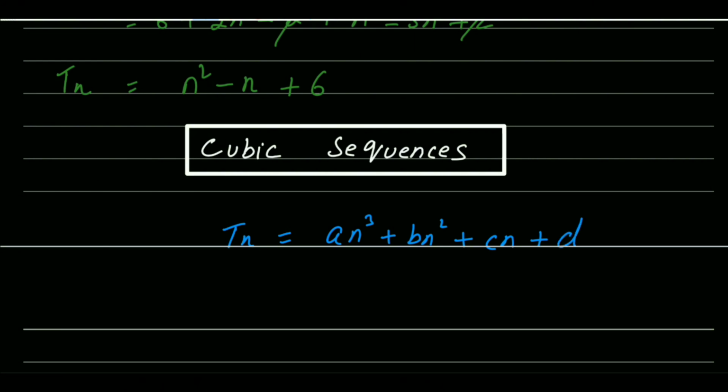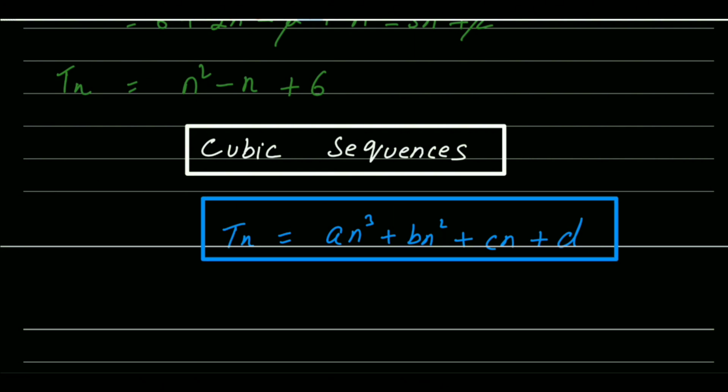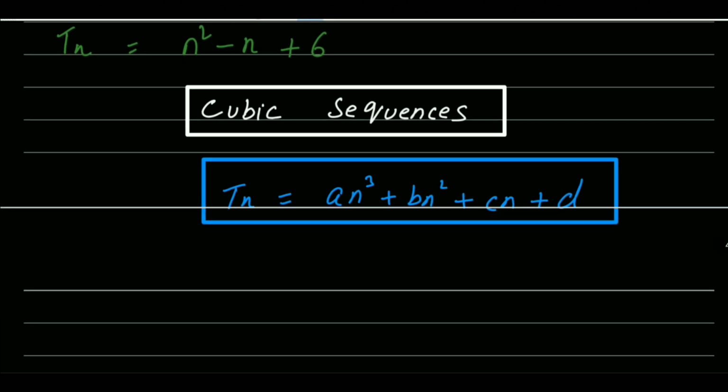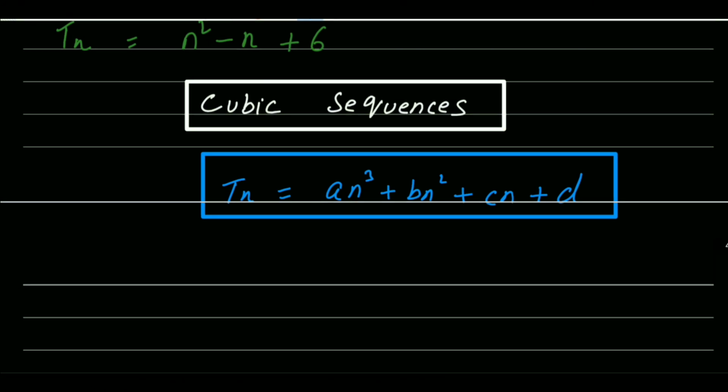This sequence is a little bit different from other sequences, so you can say a little bit challenging. So this is a formula that you have to memorize, and also you have to memorize some equations.